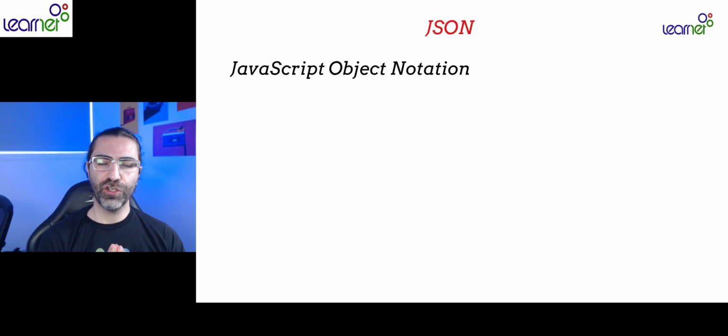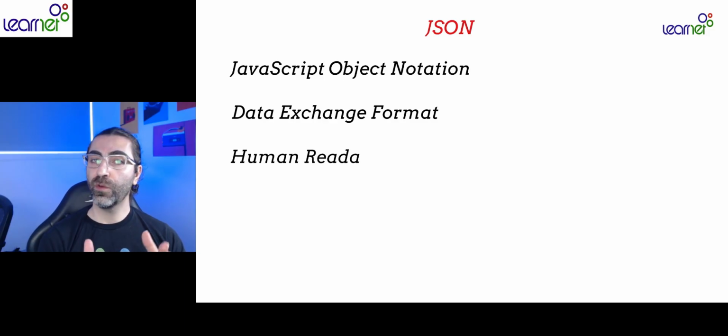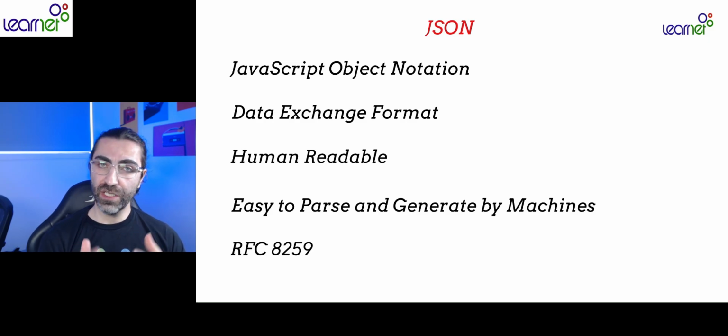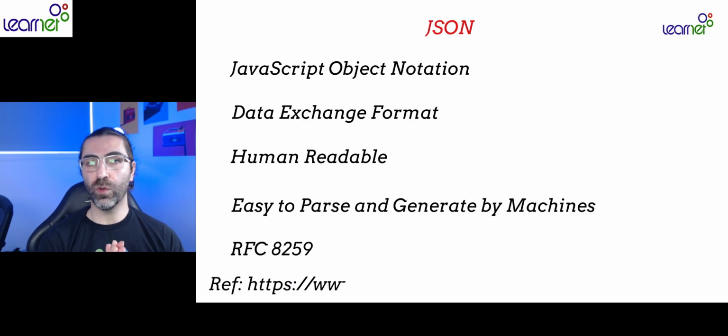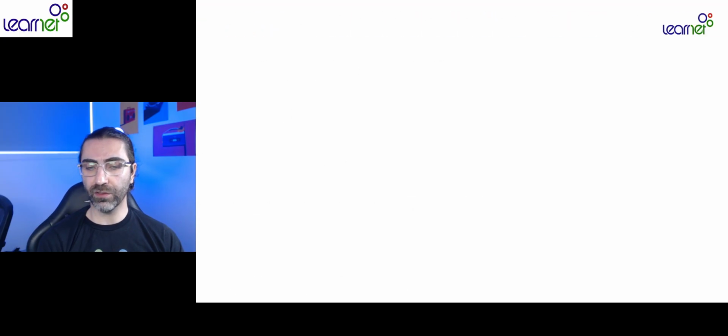Based on the official definition, JSON is a text-based data exchange format, which is both human readable and easy to parse and generate by machines. And this data representation format is defined in RFC 8259. You can read more about it in the reference you can see in the slide.